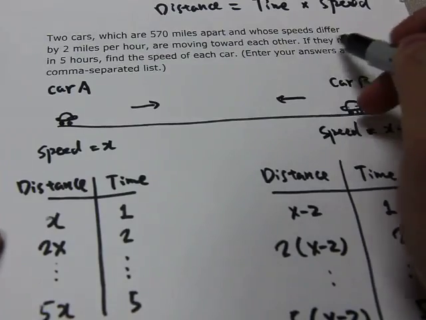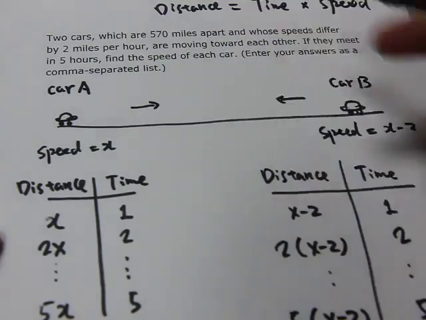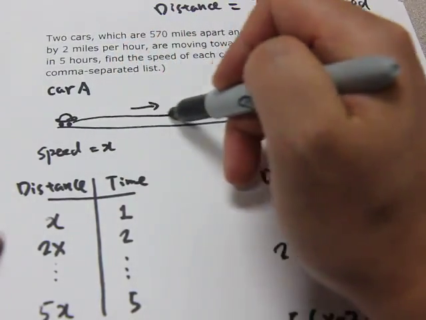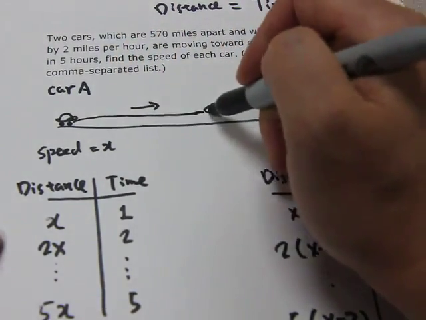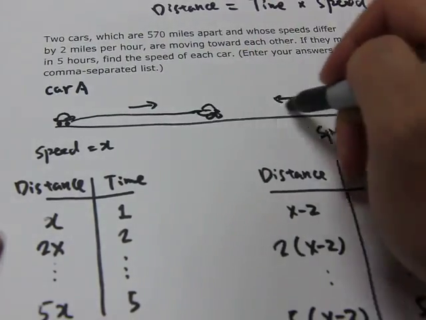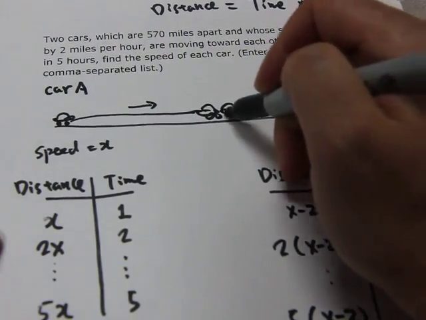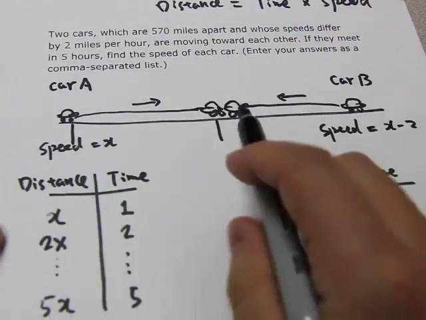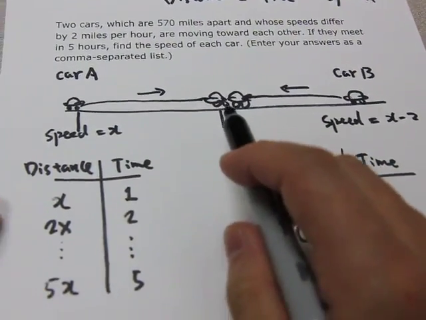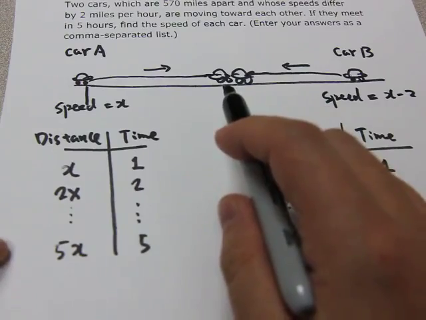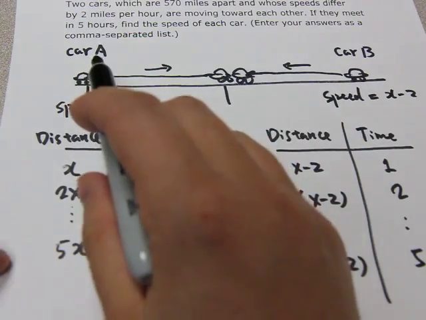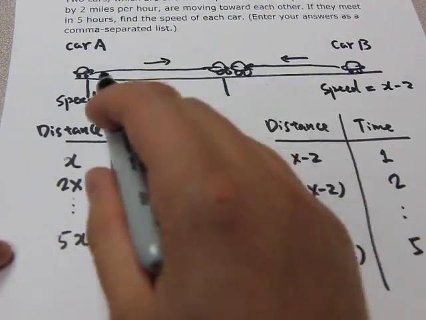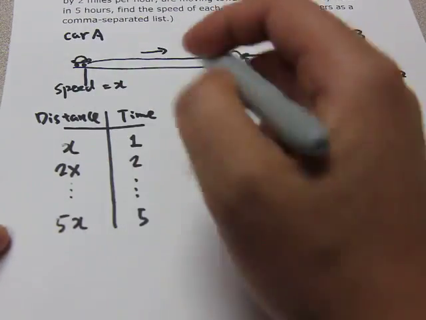Since these two cars meet in 5 hours, after 5 hours car A drives to here, and car B moves to here, so they meet here. And the distance between these two positions is how many miles car A travels. So this is 5x.